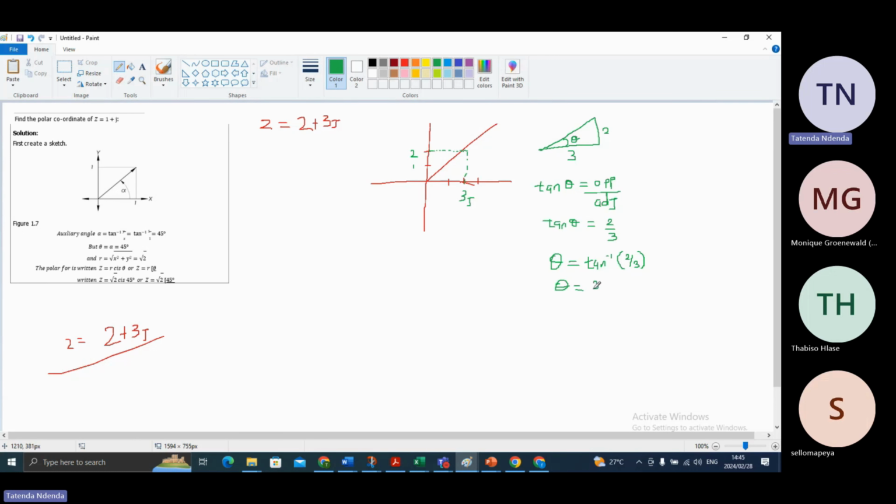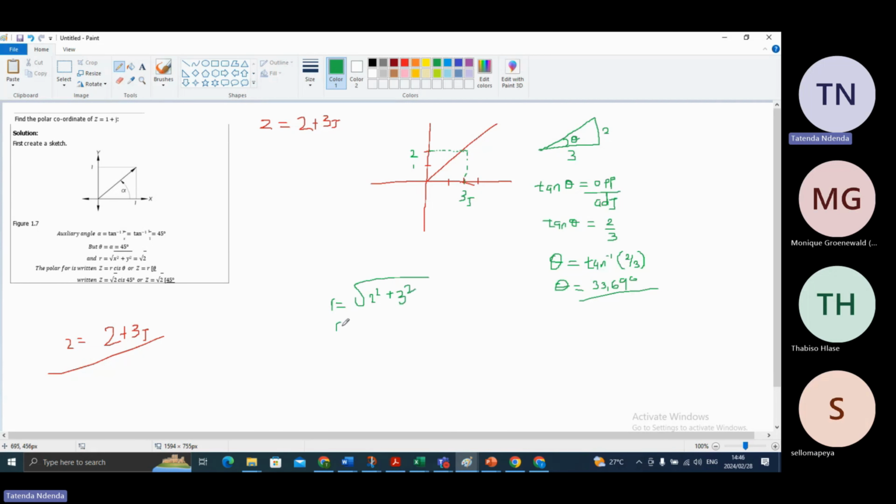So it's 33.69 degrees. Then your R will be equal to the root of 2 squared plus 3 squared.